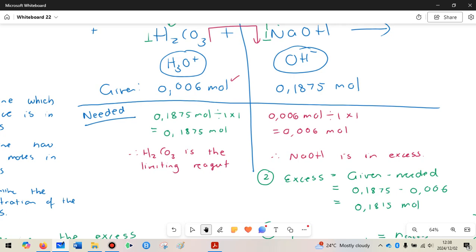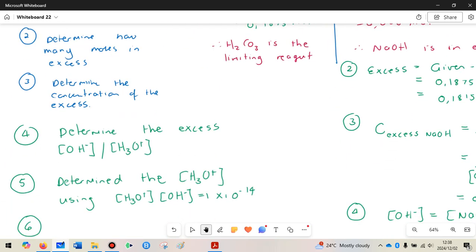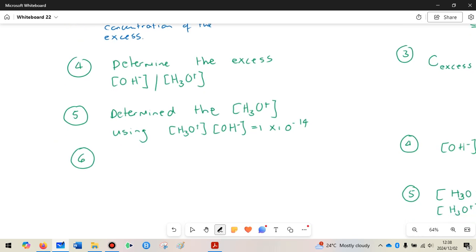Surely it's because something is in excess, and we have to try and figure out which one is in excess, and then work out the pH of the excess. And then finally we determined the pH, using pH is equal to negative log of the hydronium ion concentration.